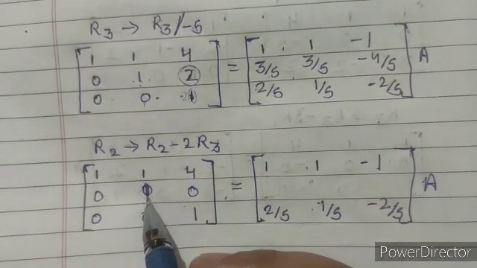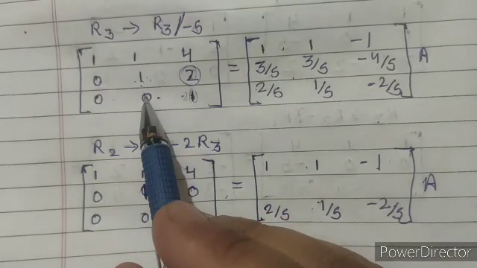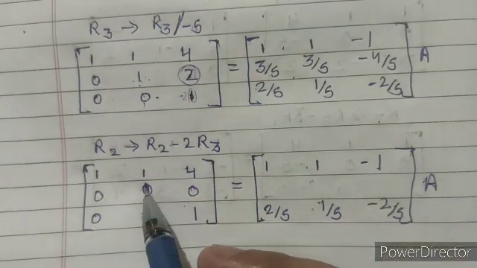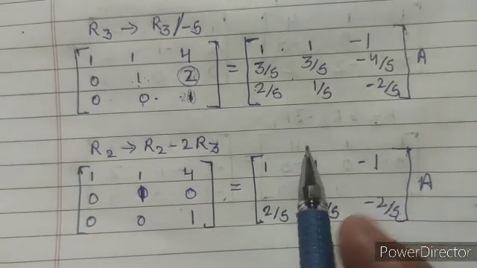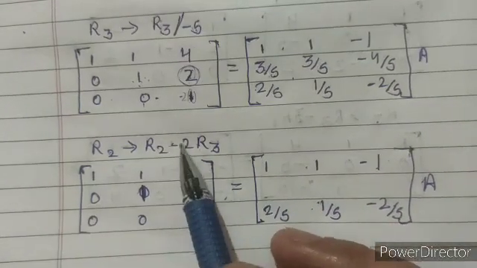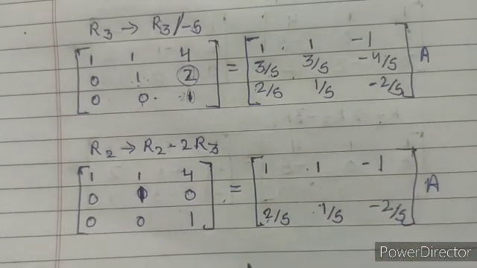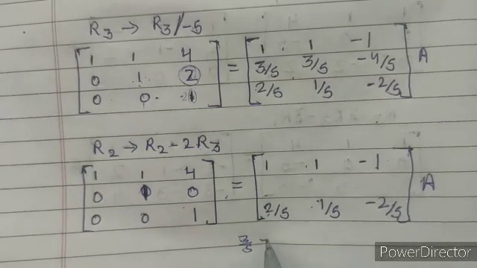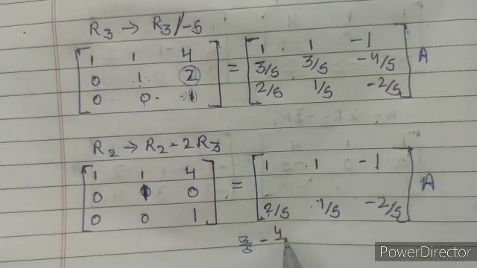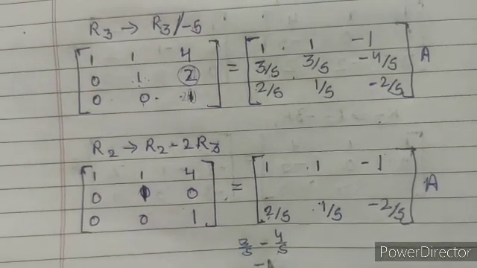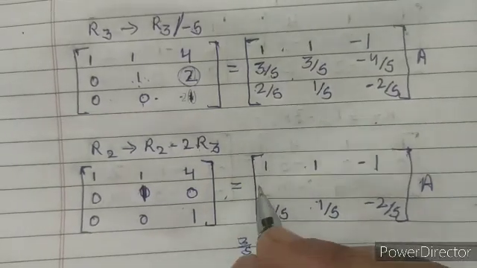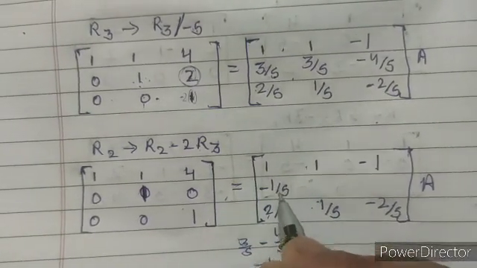Now here it was 1, and 1 minus 2 into 0 will be 1. Now on the right hand side, 3 by 5 minus 2 into 2 by 5 means 4 by 5 subtracted, and that is giving us minus 1 by 5. So this will be minus 1 by 5.